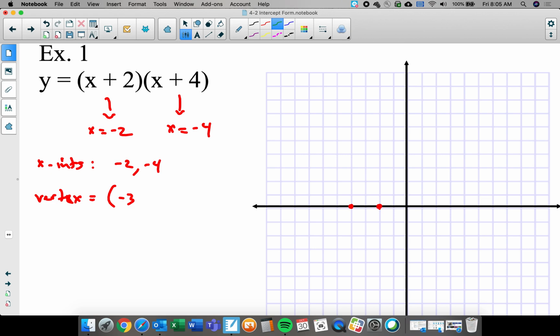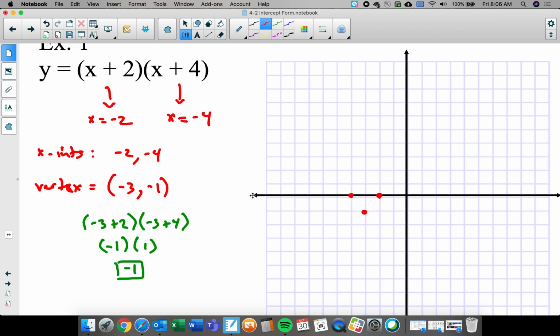So we've got -3 plus 2 and -3 plus 4. Well, -3 plus 2 is -1. -3 plus 4 is +1, which means when I multiply those two together, I end up with -1 as my answer, which is the corresponding y-coordinate of our vertex. -3, -1. So I'm going to add that to my graph. Okay, so I found the vertex.